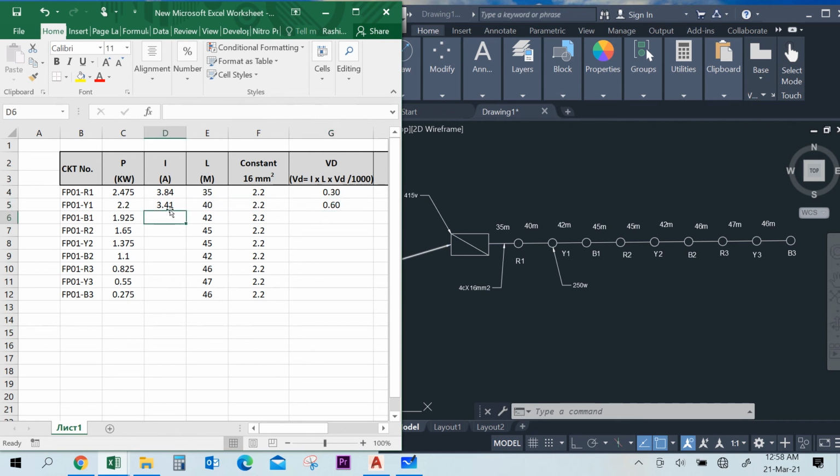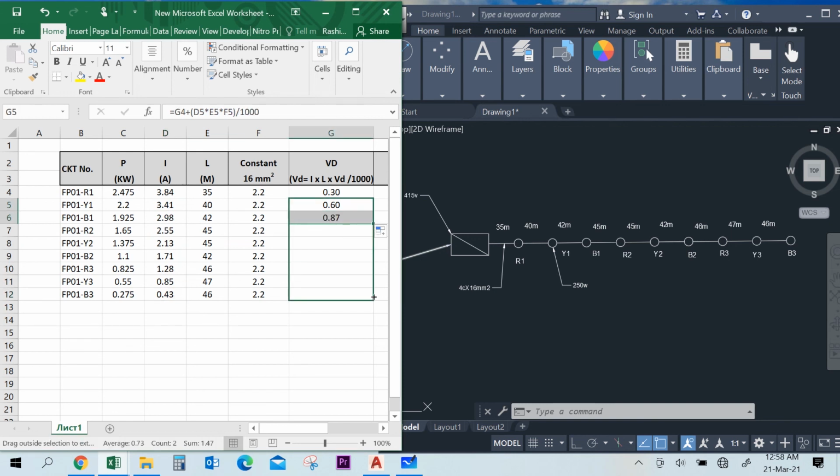So through this way we can make all our calculations, and we can easily track till B3. Voltage drop is also the same till the last point.